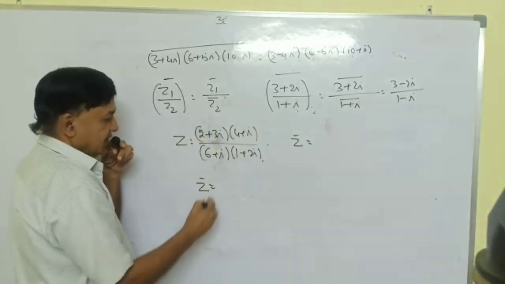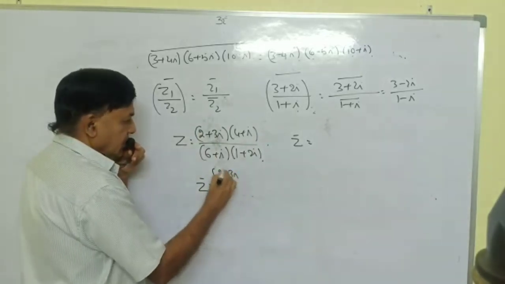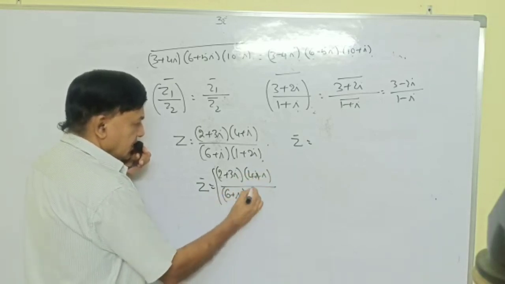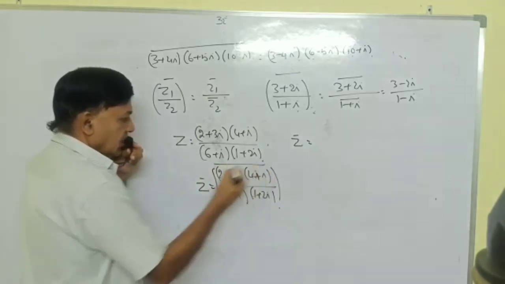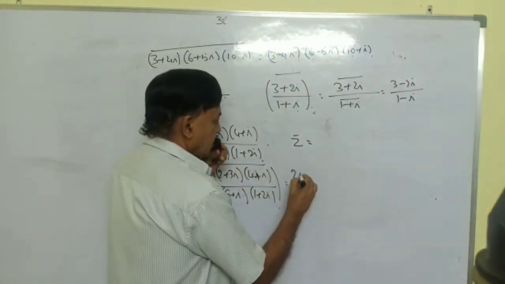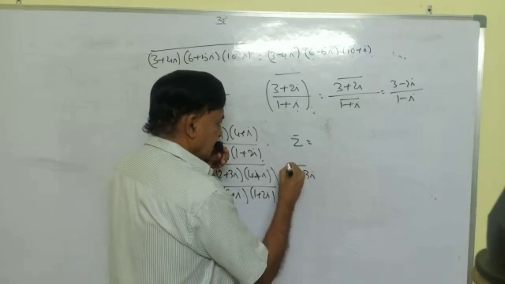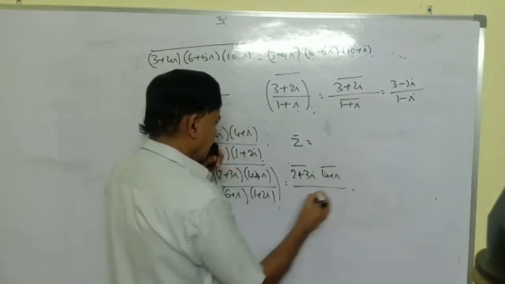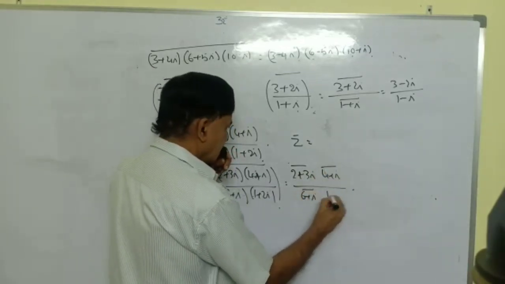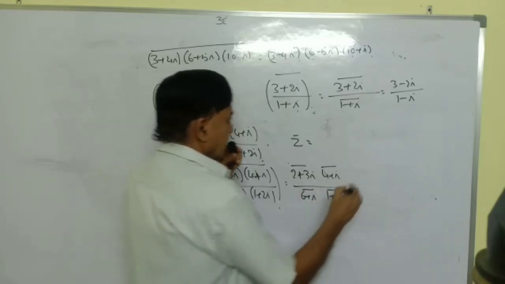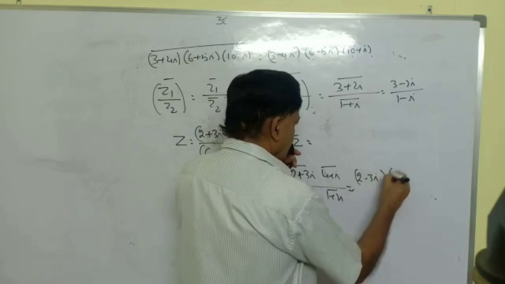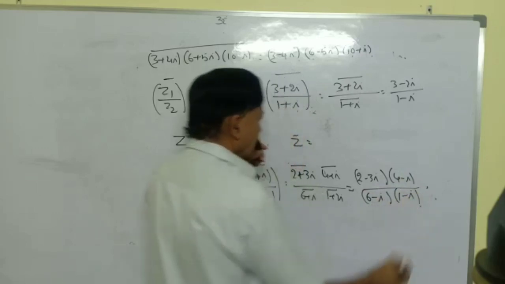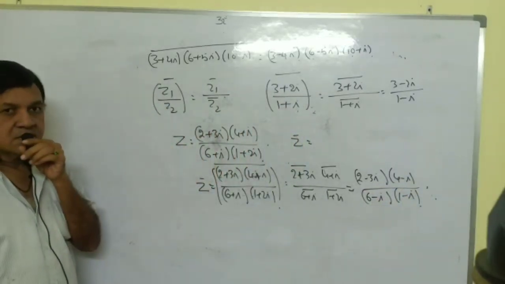So Z bar means the whole conjugate of this. (2 plus 3i) into (4 plus i) by (6 plus i) into (1 plus 2i), whole conjugate, which is equal to (2 plus 3i) conjugate, (4 plus i) conjugate by (6 plus i) conjugate, (1 plus 2i) conjugate, which is (2 minus 3i) into (4 minus i) by (6 minus i) into (1 minus 2i).